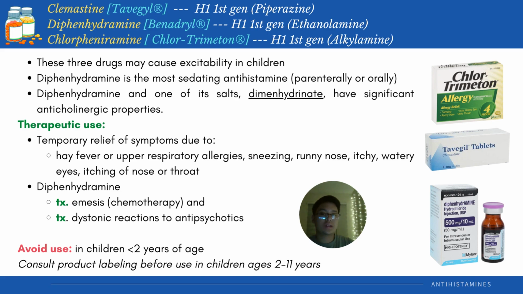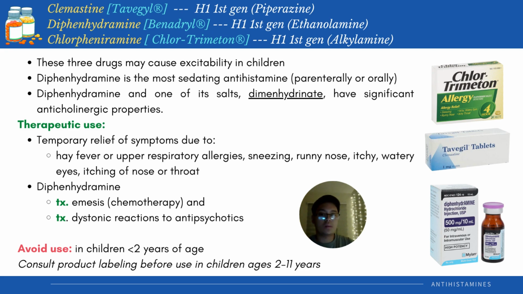Next, we have the drugs clemastine, diphenhydramine, and chlorpheniramine. These three drugs may cause excitability in children and should be avoided for children below 2 years old. We have to note that diphenhydramine is the most sedating antihistamine, and it also has anticholinergic properties, meaning it can inhibit the transmission of parasympathetic nerve impulses, thereby reducing spasms of smooth muscles.